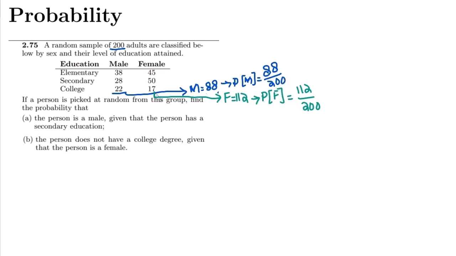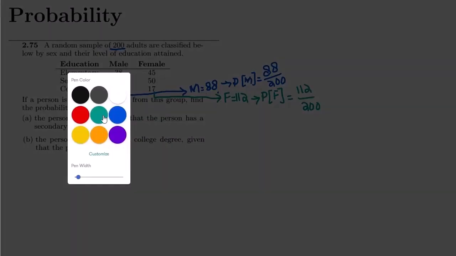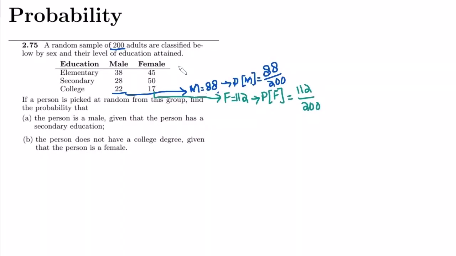Similarly, on the basis of the education level, we will have different levels: elementary, secondary and college education level. Let me write them here, choosing this color for the elementary education and adding male and female together, 45 plus 38, that would be 83.